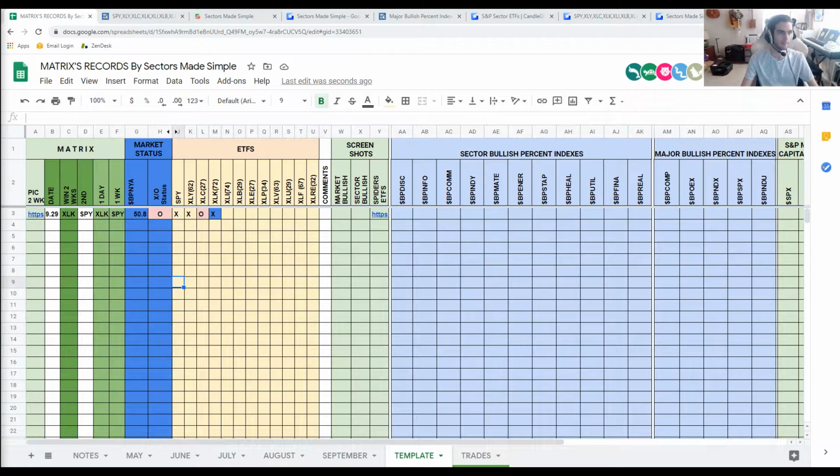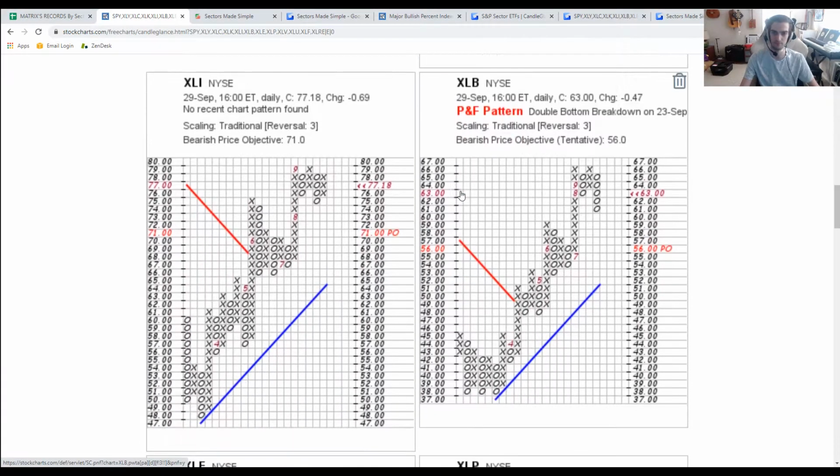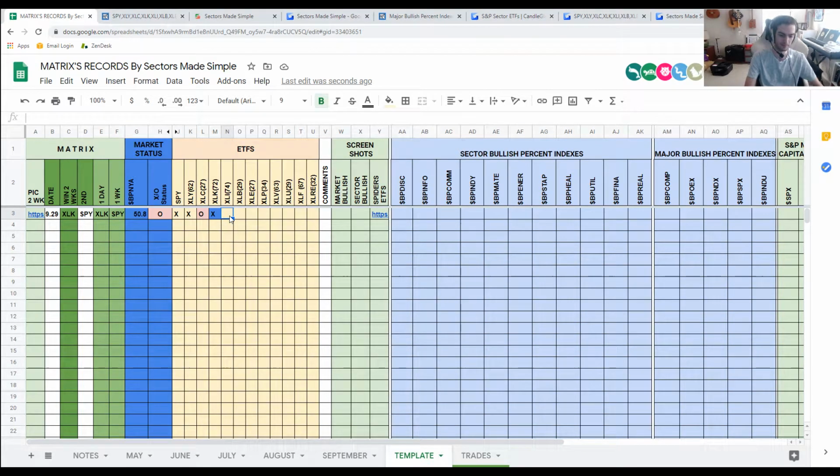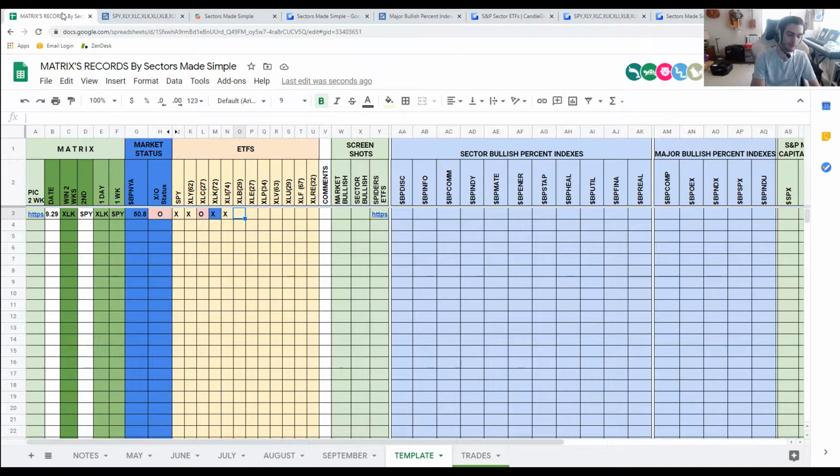So we're going to continue here to industrials, column of X's, not information, my apologies. Building materials, column of O's, but about to reverse into X's, but still, column of O's.